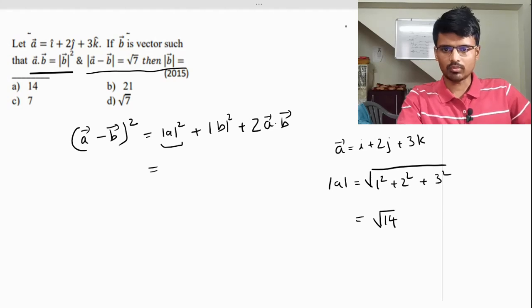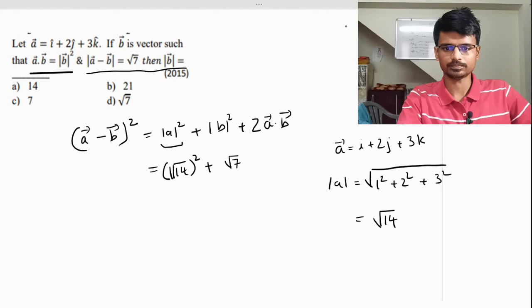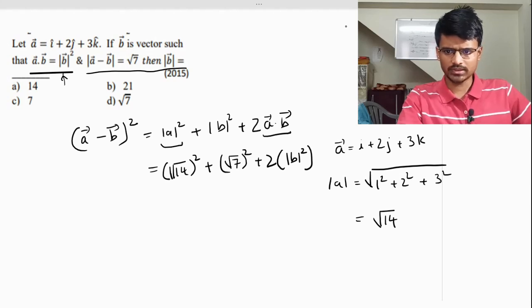So here I want the square. So this is going to be like this, square of vector B magnitude. And this A bar dot B bar I can replace with B square, because this information is given here. On solving this, and what about my left hand side?